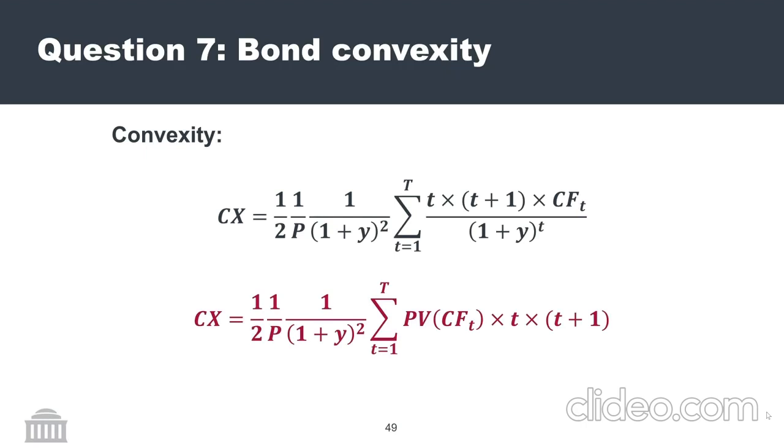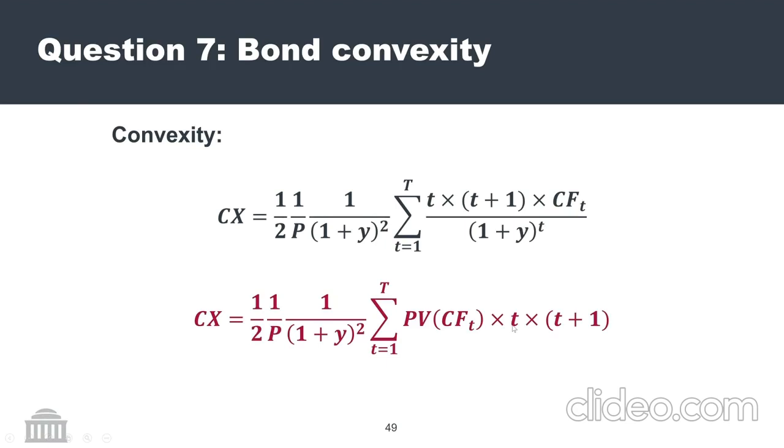Within this sum, I will write the ratio of cash flow received in year t divided by 1 plus YTM raised to the power t as the present value of this cash flow. This is why I factored out 1 plus y squared, so that I can write this as the present value of this cash flow. And so under this summation sign, we're going to have the present value of cash flow in year t multiplied by t multiplied by t plus 1.